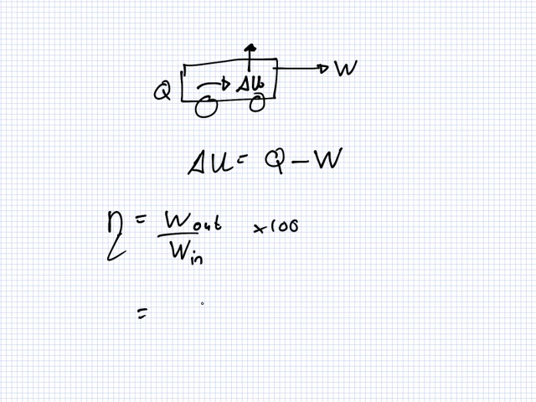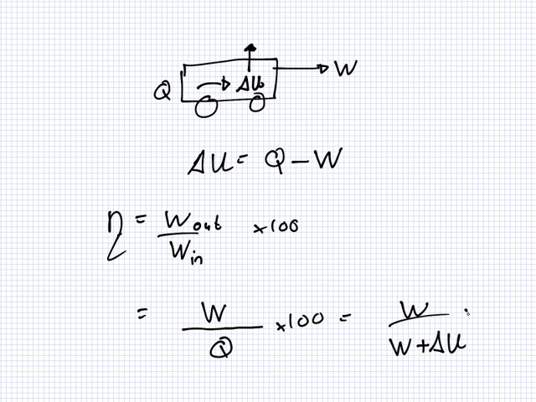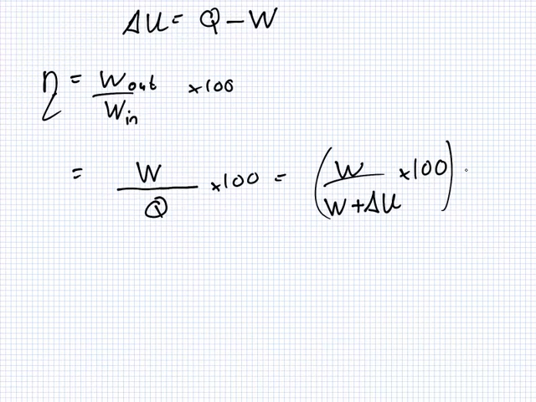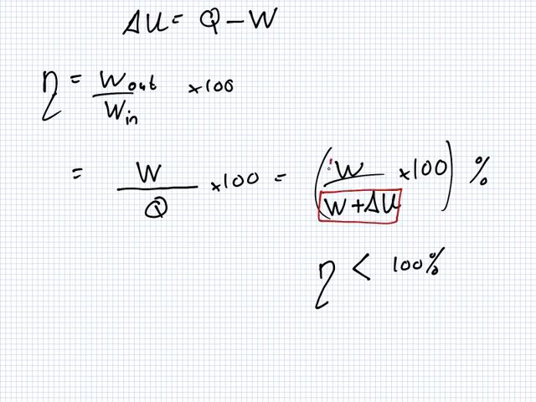Here the work out is W, and the work in is Q. And Q is W plus delta U. Now, this is actually an important result, because it means that the efficiency should be less than 100%, because this part here will always be bigger than this part here.